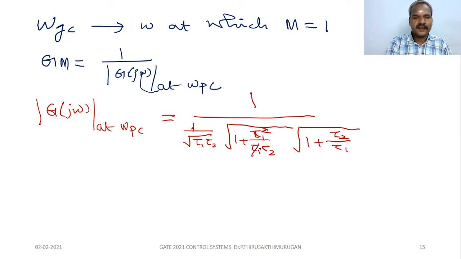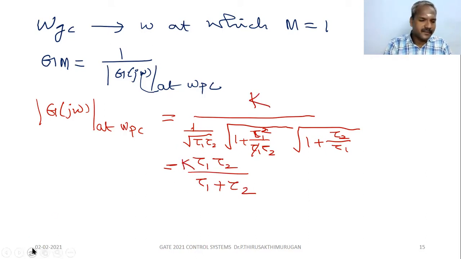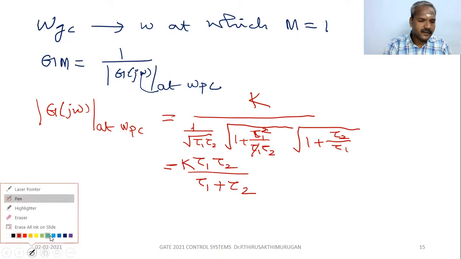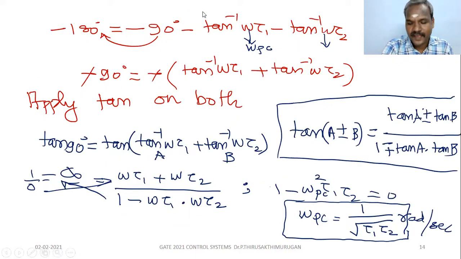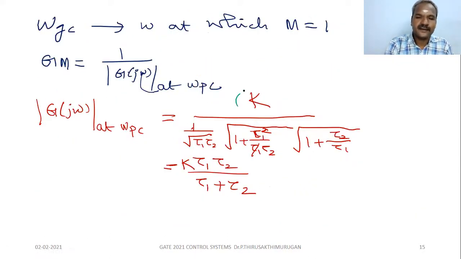If you take the LCM and simplify, the roots cancel, and it becomes tau 1 tau 2 divided by tau 1 plus tau 2. If we have a gain k in the numerator, we can add k here. Please remember, gain k in the numerator will not affect the phase response, but it will affect the gain margin.